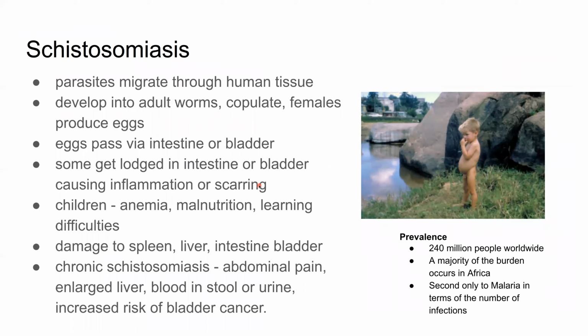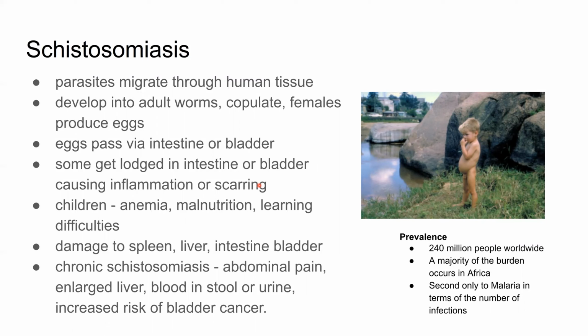So we said that as the parasites are making eggs, the adults are happily procreating in the blood vessels around the colon and the bladder, and they make all these little eggs, and the eggs pass through the intestine or the bladder. Now the problem arises when some of those eggs don't make it. They can get lodged in the intestine or bladder and cause inflammation.